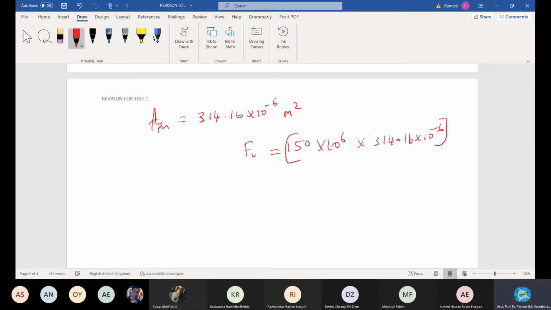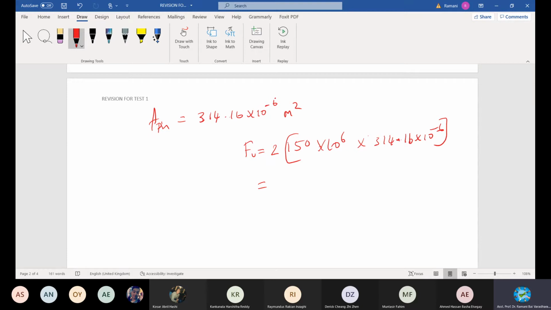Same goes for pins. There are 2 pins at this point, right? So you have to multiply by 2. Multiply by 2. Okay. Give me the answer for the pin.